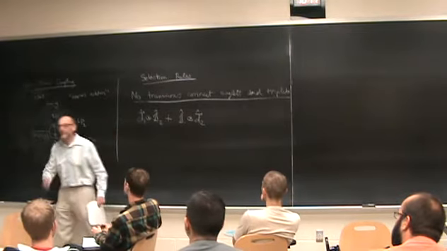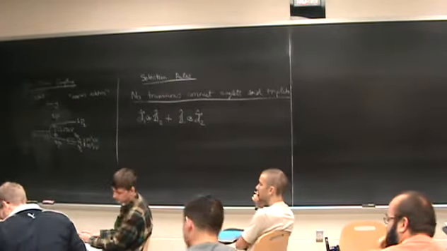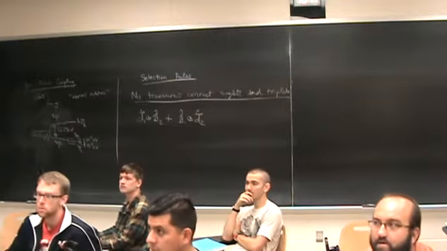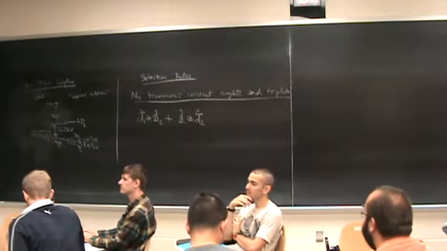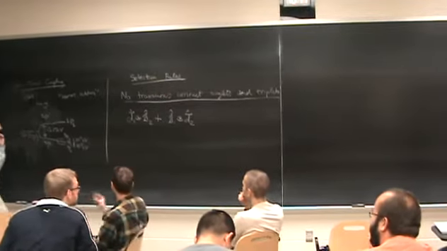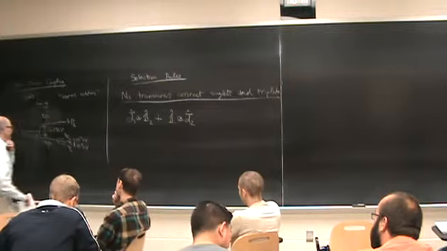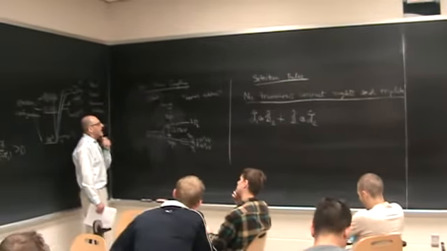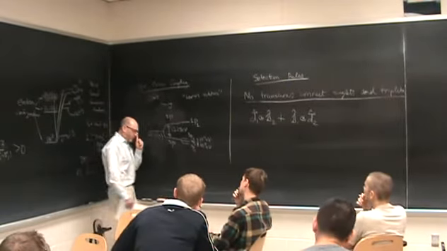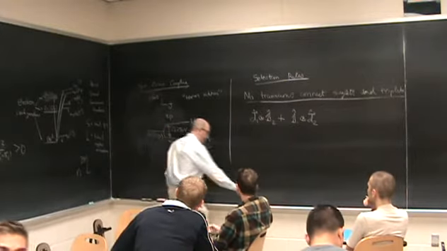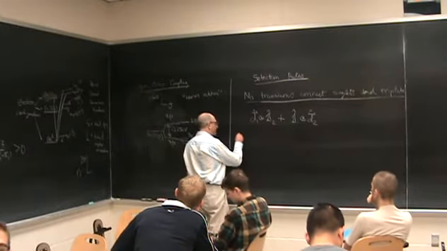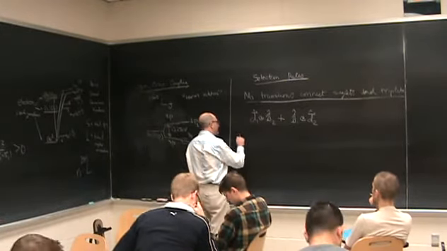I wanted to show you something, but before I do that, one other thing I want to say about selection rules. Let's think about this now. We have selection rules which tell us that for a dipole transition, E1, delta L has to be plus or minus 1.